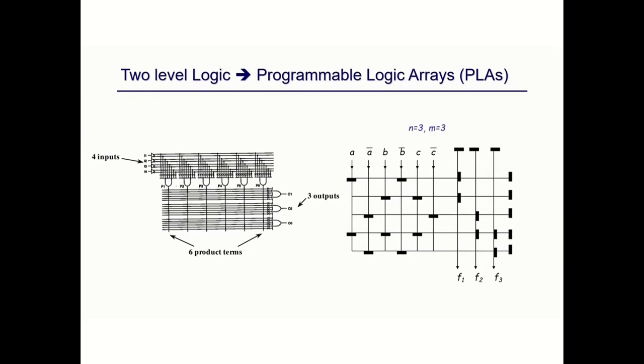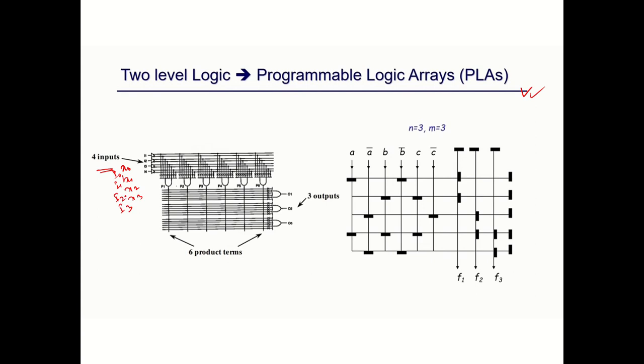So this is the basic format for the two-level logic, the programmable logic array. Here one example is taken. We have four inputs, which you can consider x0, x1, x2, x3, or I0, I1, I2, I3.